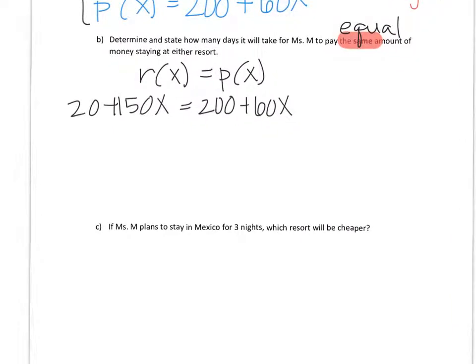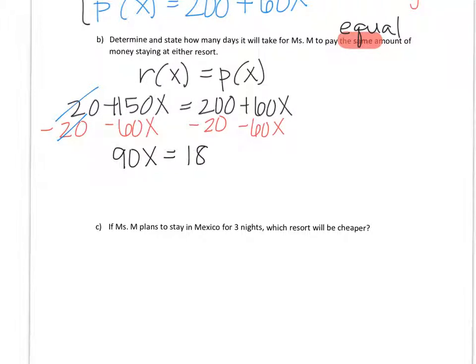And then you solve. So first I want to get all my x's on one side. So I'm going to subtract 60x, subtract 60x. I'm also going to subtract 20 on the same line so I can save room. So what's going to happen is 20 minus 20 cancels. 150x minus 60x is 90x. 200 minus 20 is 180.